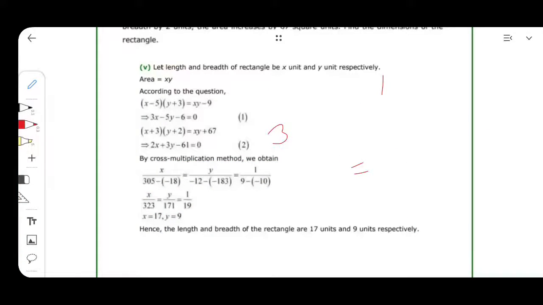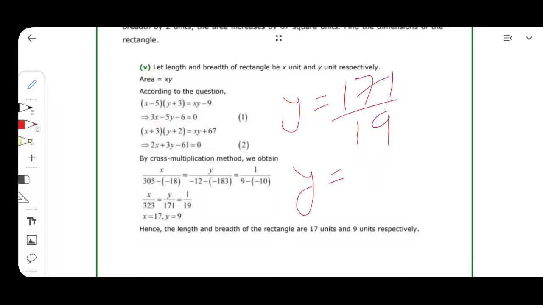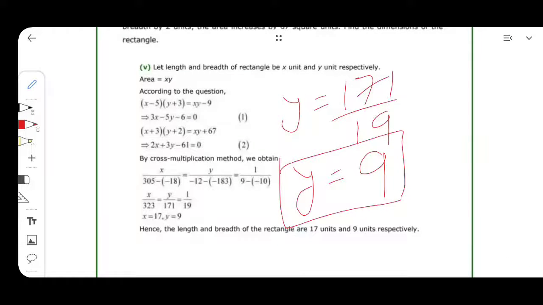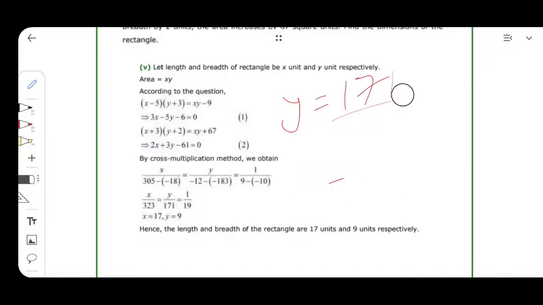For getting the value of y, y would be equal to 171 upon 19, and y equals 9. So we got both the values x and y: x equals 17 and y equals 9.